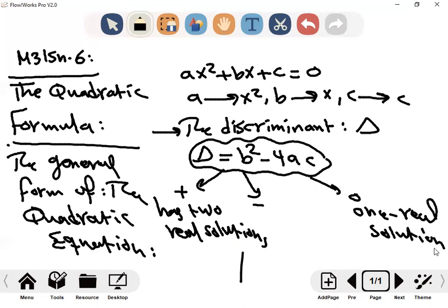If it's negative, there are no real solutions, which means we will have two complex solutions. Now, I want you here to focus, please.